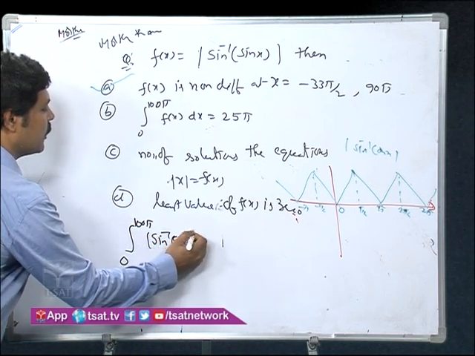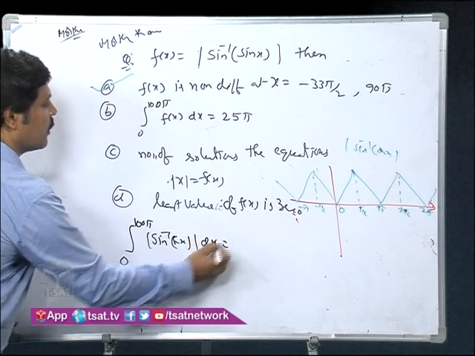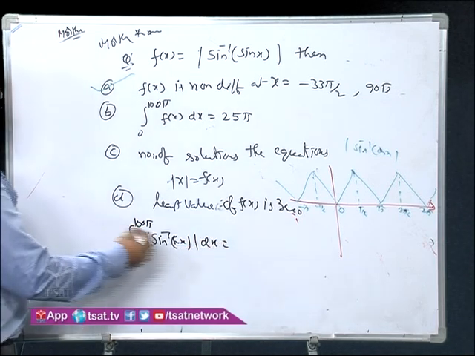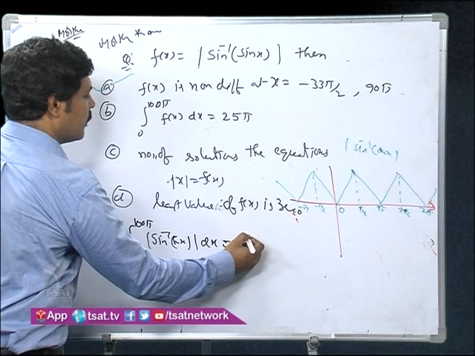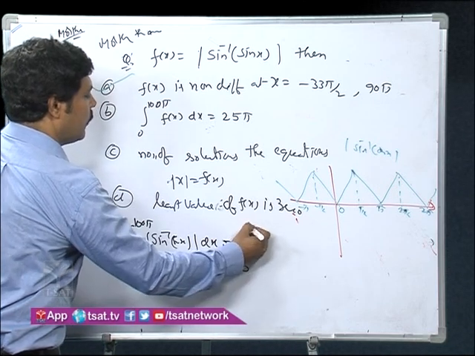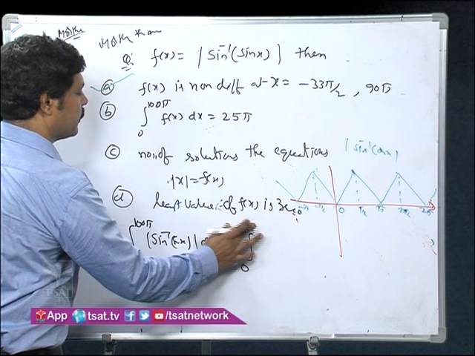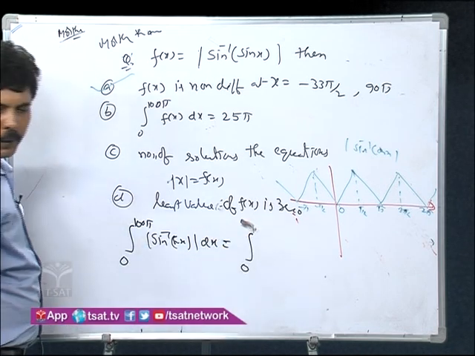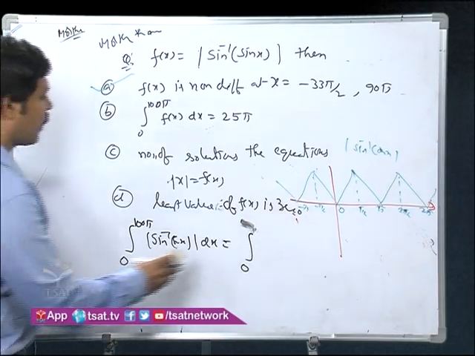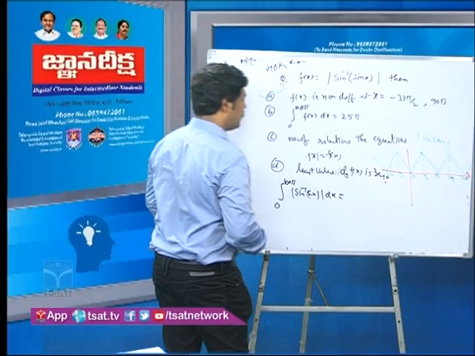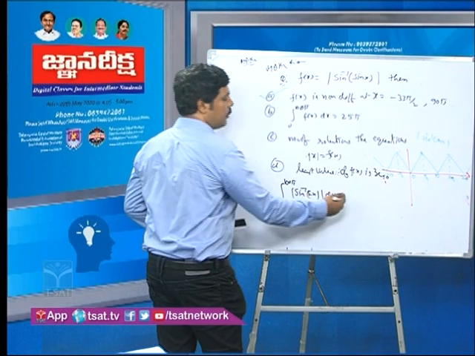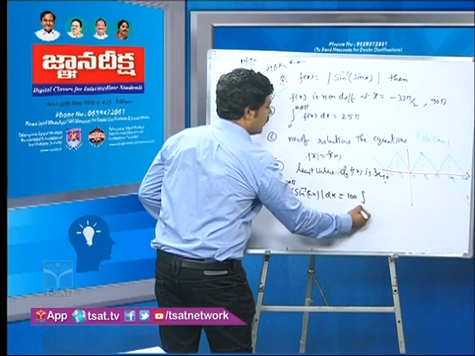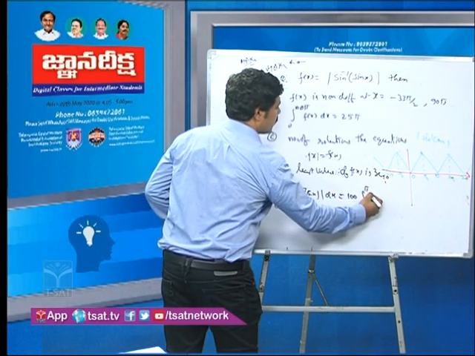The period is pi, therefore we can reduce this to 100 into integral 0 to pi of modulus of sin inverse of sin x.